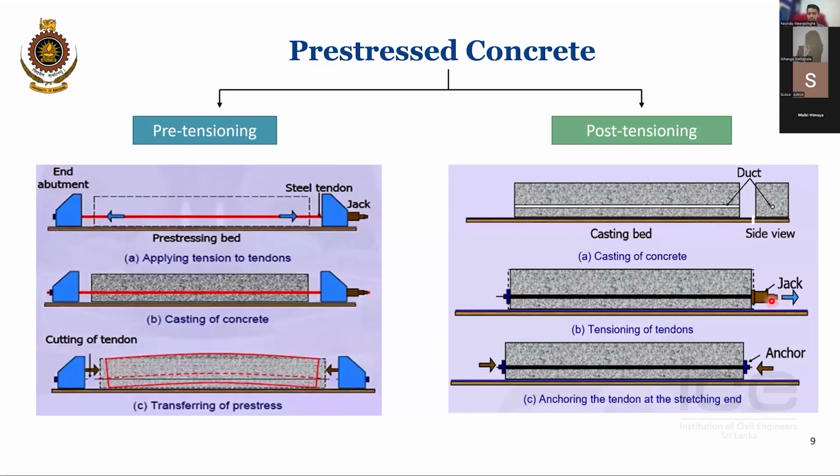And then you fix the jack at the other end and pull it. So what will happen? We apply a tension to the cable, and because of these two ends, it will try to apply a compression on the concrete. And then when you jack it and lock the force using another anchor, this compressive force on the concrete member is locked. So this is the post-tensioning method.